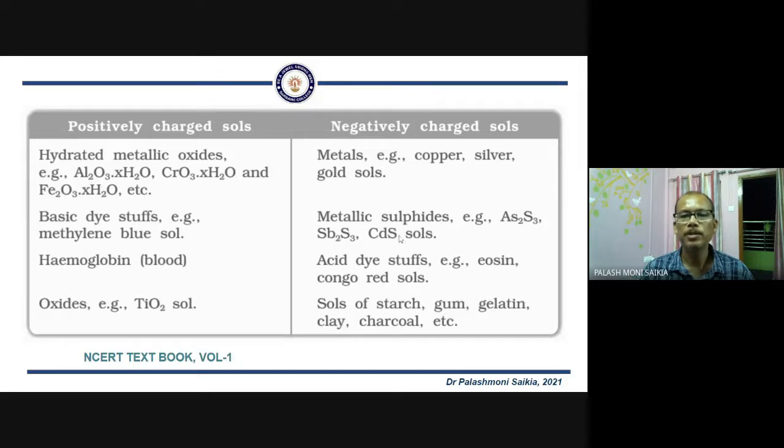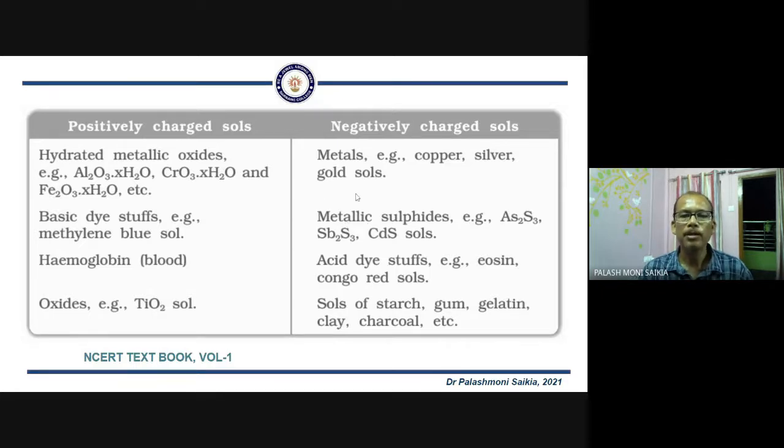So we have to keep this table in mind, at least this generalization. We have already seen that what charge colloids will take depends upon various factors, and the primary factor is the situation in which they are formed.